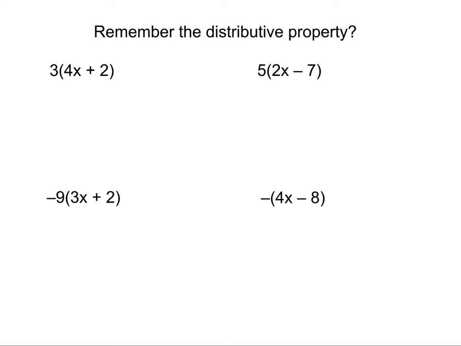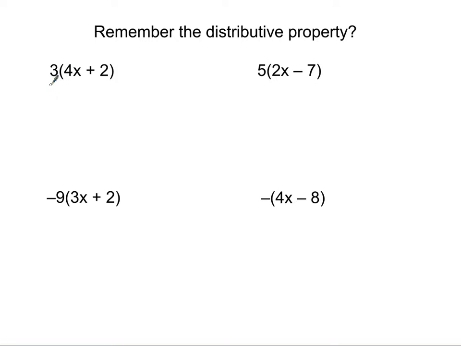The type of multi-step equation we're going to solve today will take us back into chapter 4 when we did the distributive property. So it's been a while since we've seen that. Hopefully you remember it. But here's just a quick review on the distributive property. So this is 3 times 4x plus 2.